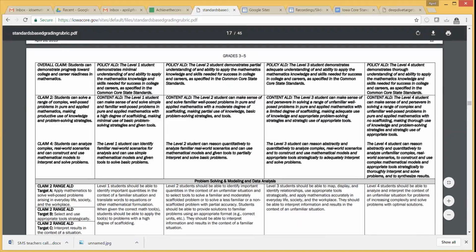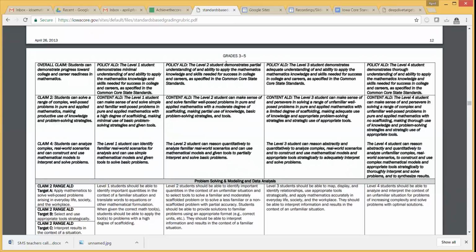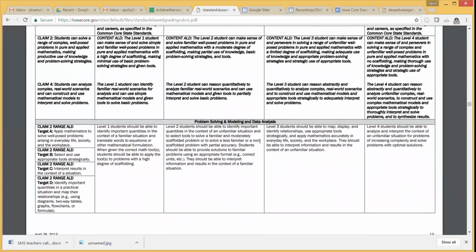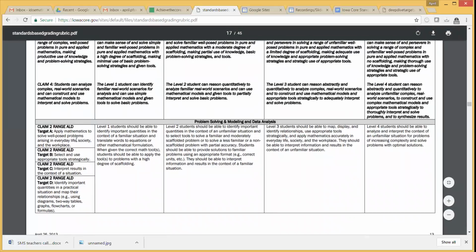So we have the overall claim that says we're college and career ready. And then, because these are grade bands, I start getting into claim 2 and claim 4. So these achievement level descriptors here are exactly what's on that other page that we just looked at. The really great thing that I love about this document is that it takes it and breaks it down, not just from overall, but if I'm looking here at claim 2, problem solving and modeling data analysis.